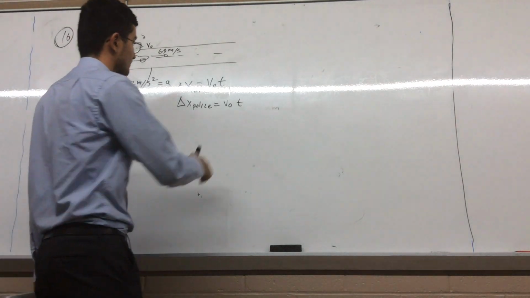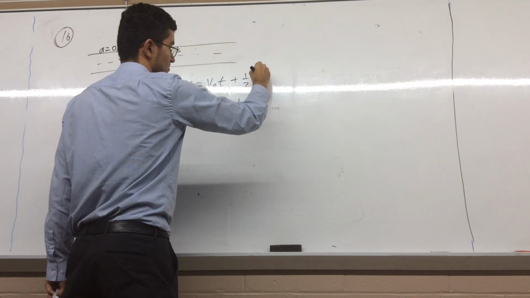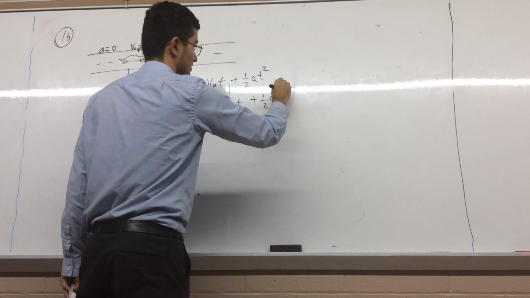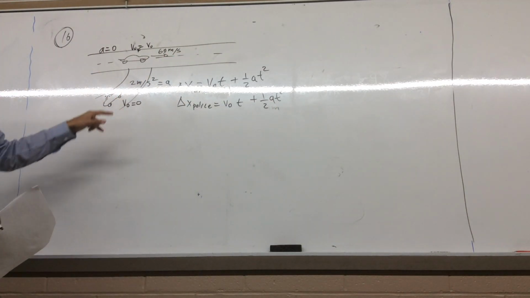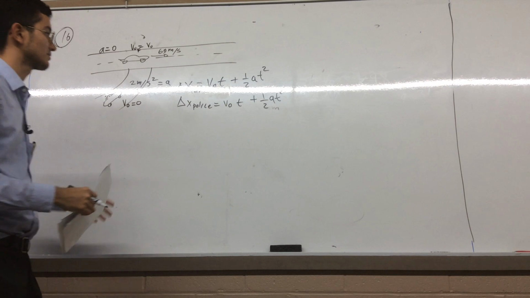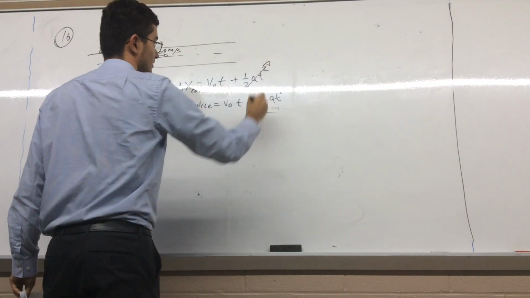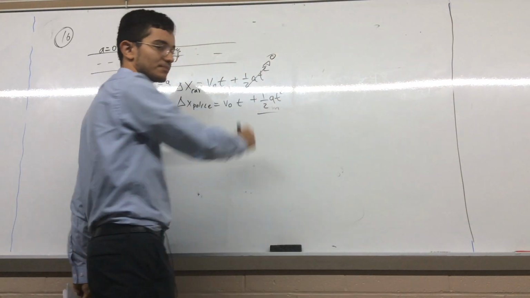Of course, we have to consider the acceleration component, because we actually have acceleration for one of these. But which of them has acceleration? The police car, right? The car that's speeding doesn't have acceleration, so that term goes to 0.